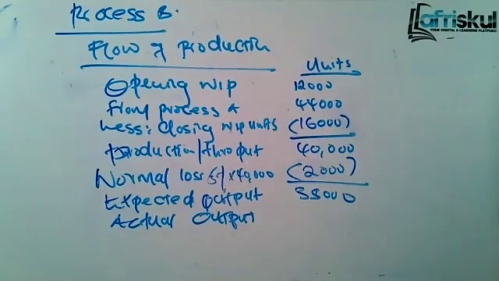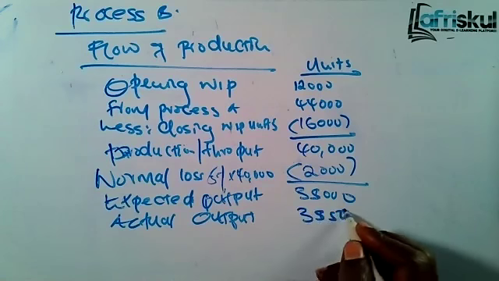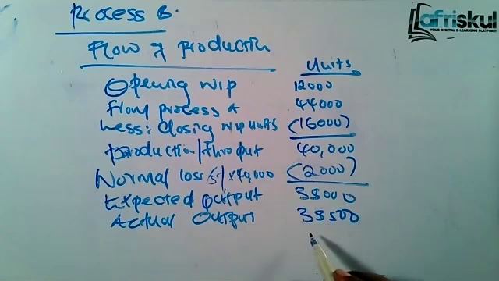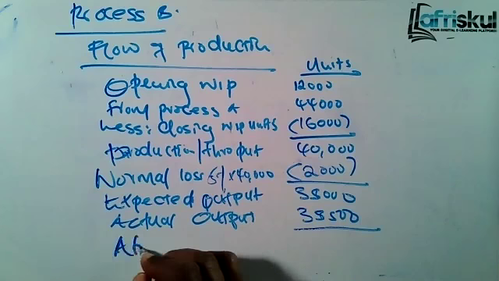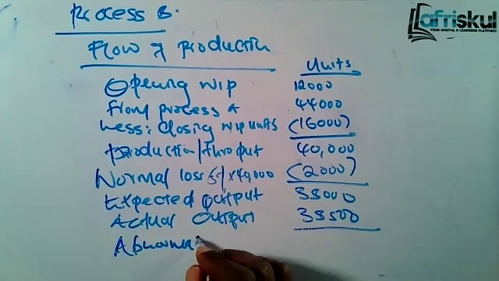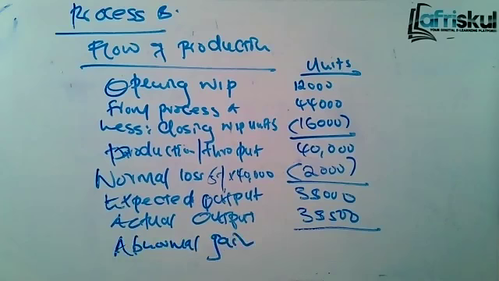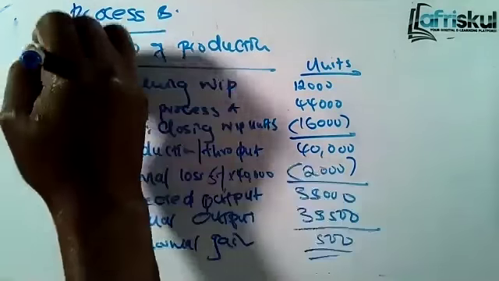Actual output was 38,500. So we expected 38,000, but we got 38,500. The outcome was more than the expectation. The difference is called abnormal gain. When you get more than what you expected, the difference is 500. That one will be abnormal gain.